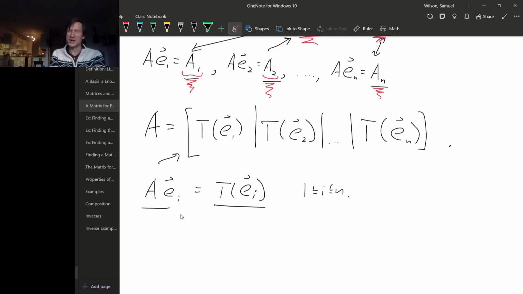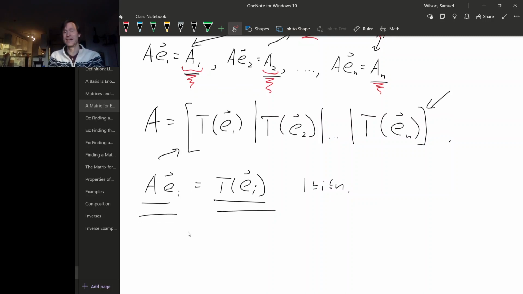But remember, a basis determines the linear transformation, so these have to be the same linear transformation since they agree on a basis. If they agree on a basis, they'll agree on everything. So this gives us a recipe for turning a linear transformation into multiplication by a matrix. We already knew that every matrix gives you a linear transformation, and now we can go the other way.